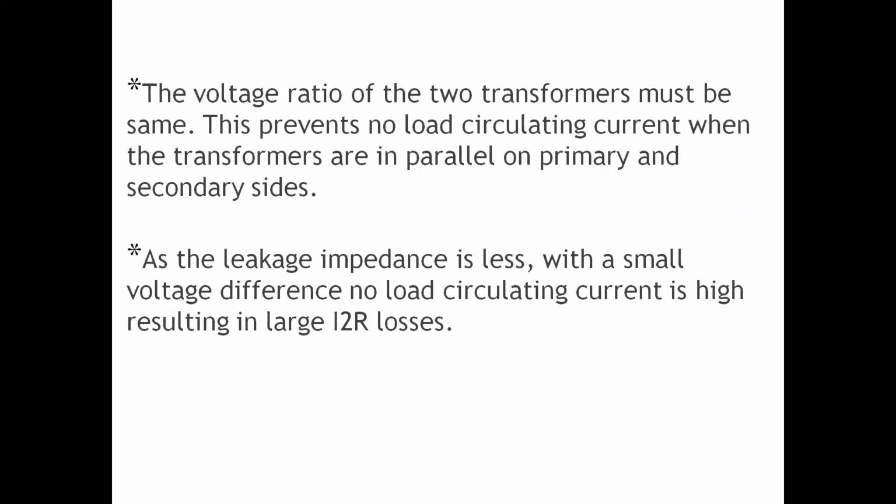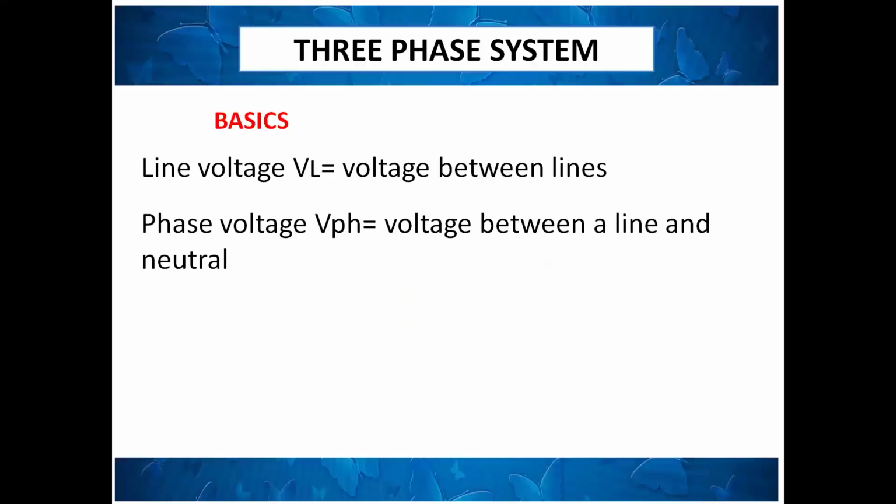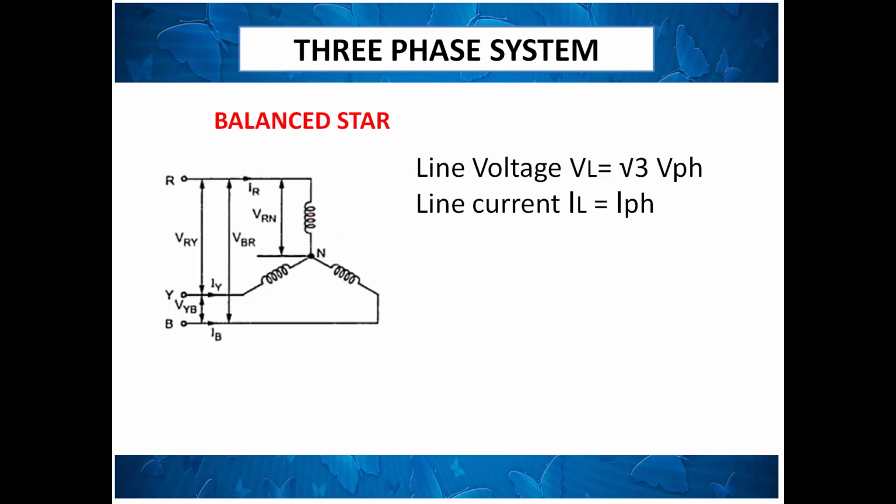Now, you know, on board we use the basics of three phase. As you write, there was one question: explain the star-delta connection, write basic equations. So what is the line voltage, which is between the lines? Phase voltage is across the phase winding, or line and neutral.